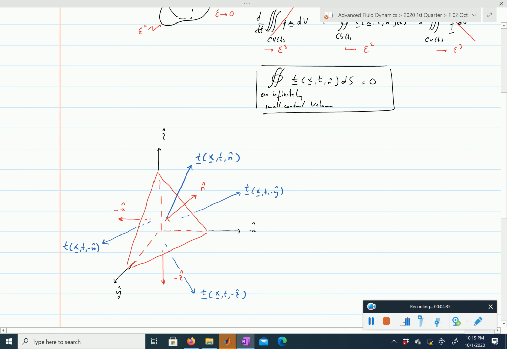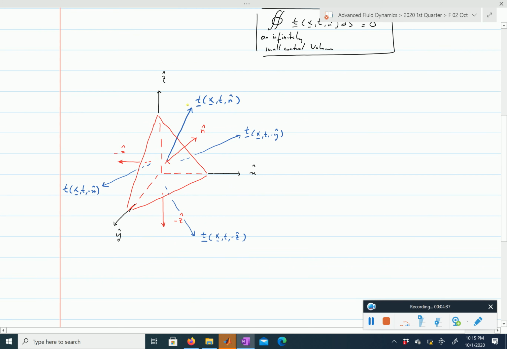For this we're going to integrate our stress vector over our surfaces. Now I'm going to call the area of the surface of normal n dA, and the area of the bit of the surface of normal minus x, I'm going to call that dAx, and same for the surface of normal minus z and minus y.